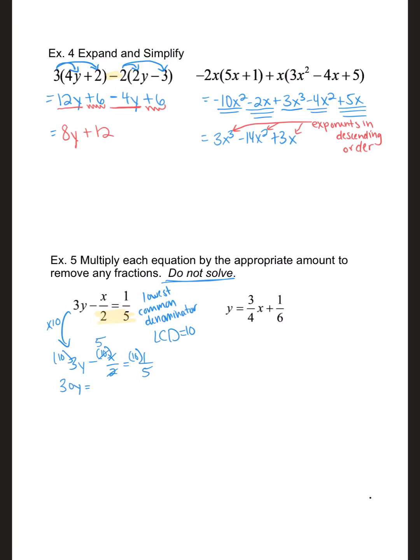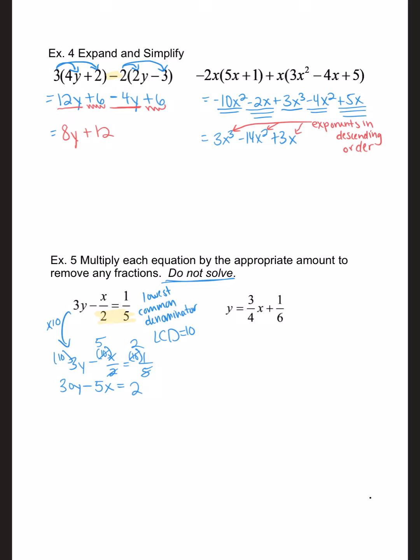So 10 over 2 is just 5. So sorry, that should be a minus sign. So we're going to have minus 5x. And then the same on the other side of your equals. We have 10 over 5. So that's going to reduce to 2. And you should just have equals 2. Okay, so we'll have 30y minus 5x equals 2.